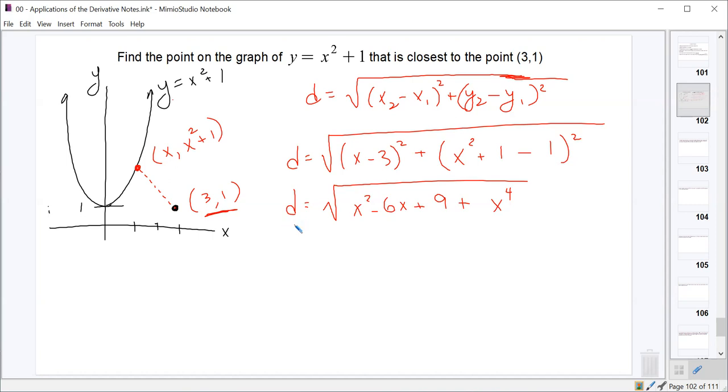So in terms of the domain that matters, really the value of x could be anything, right? Because any x value that gets plugged into this distance formula should give us an actual distance in the coordinate plane.